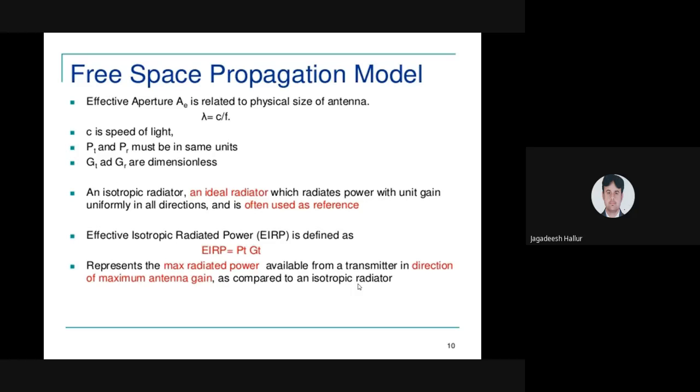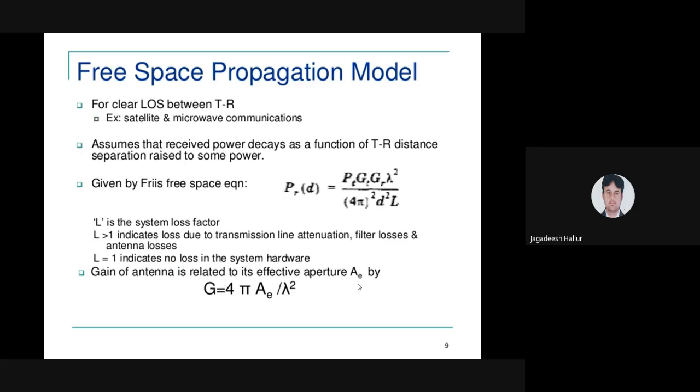Write down. In MCQs, they will ask a question for 1 or 2 marks, a numerical: calculate EIRP, using this formula. If you have written these formulas, you can easily solve numericals in MCQ type questions.